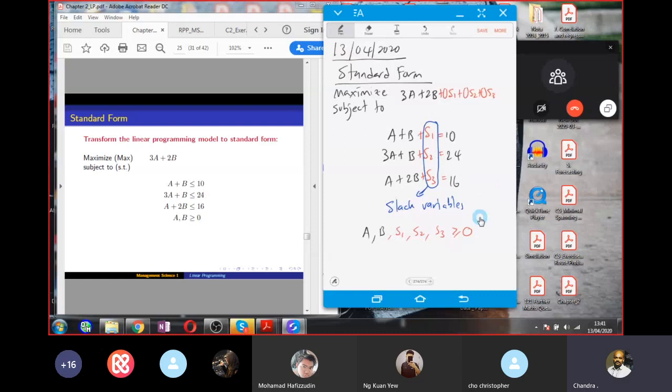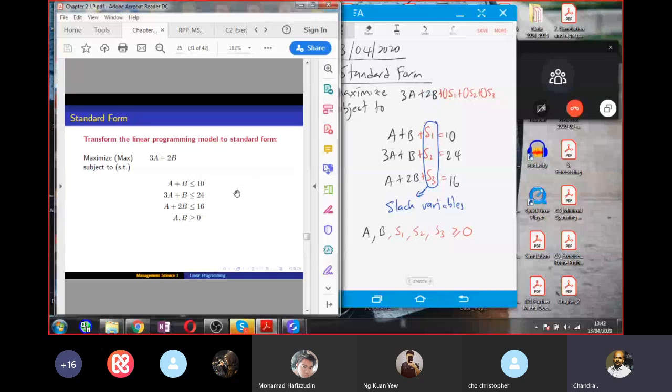Subject to, okay. So this is maximize 3a plus 2b plus 0 S1 plus 0 S2 plus 0 S3, subject to all these constraints, and this is the slack variable, and this would be your non-negativity constraint. Okay, this is how you change your linear programming model to standard form.